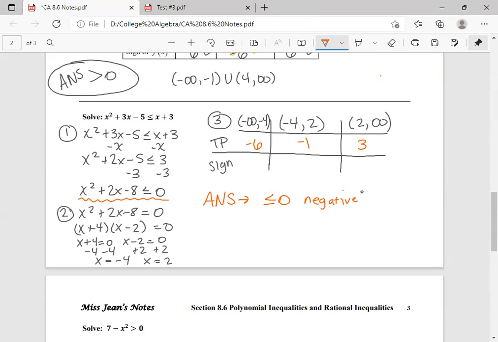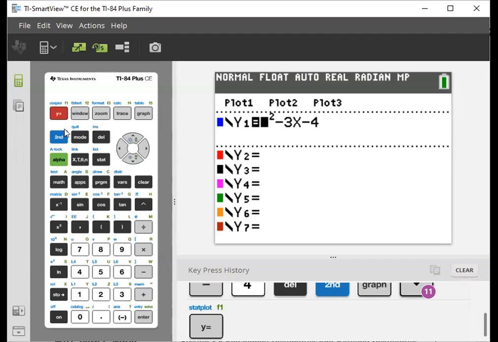So those are going to be below the x-axis, right? So we're kind of looking at, when we're doing this, we're looking for what interval is going to be below the x-axis. So I'm going to go to my graphing calculator. I'm going to look at y equals. I'm going to type in what we had.